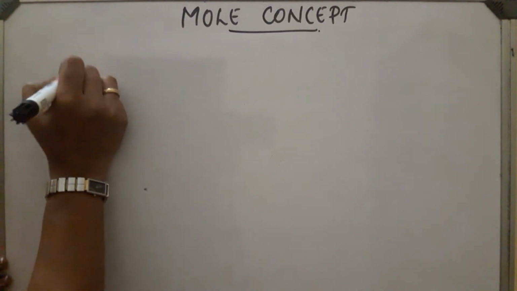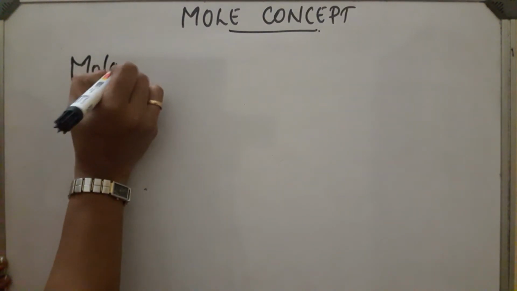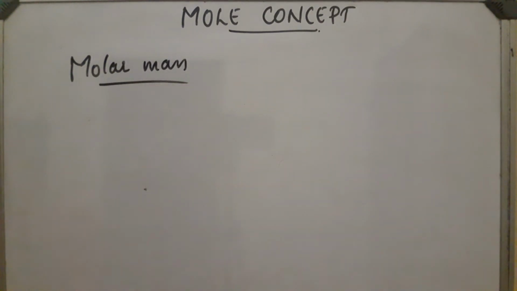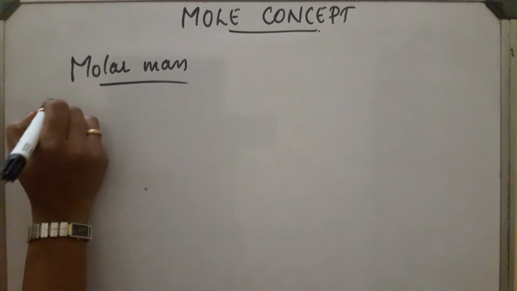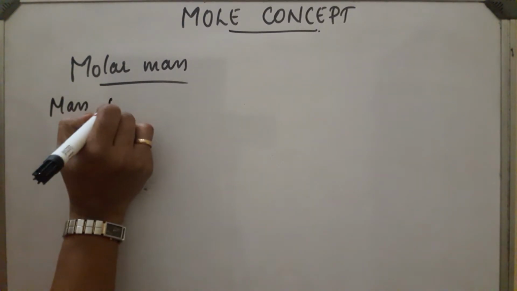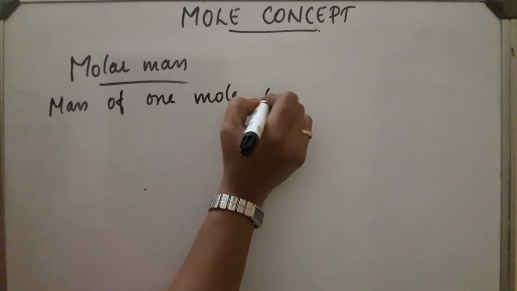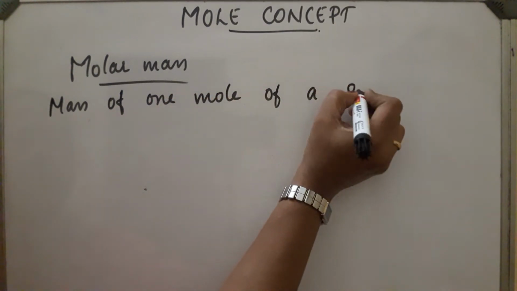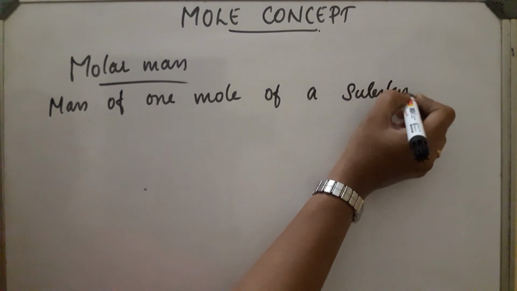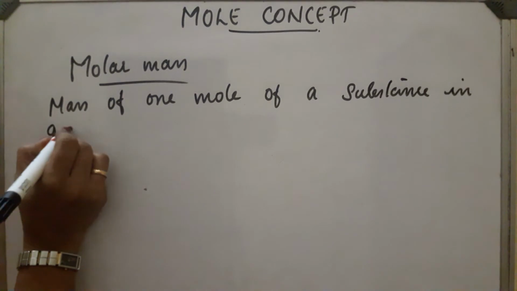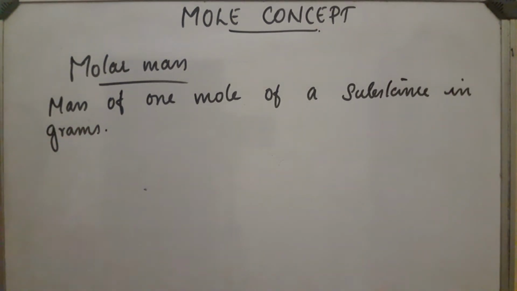Next is molar mass. What do we mean by molar mass? Mass of 1 mole of a substance in grams is called molar mass.